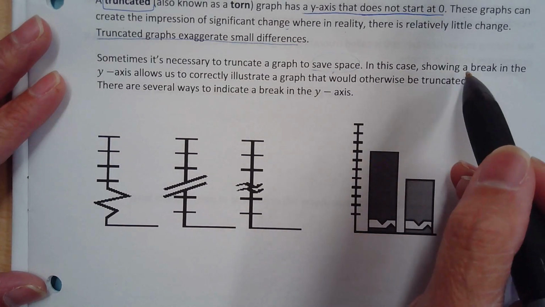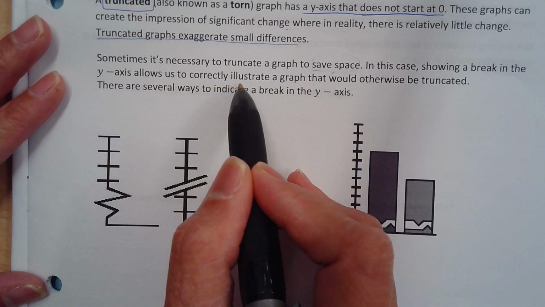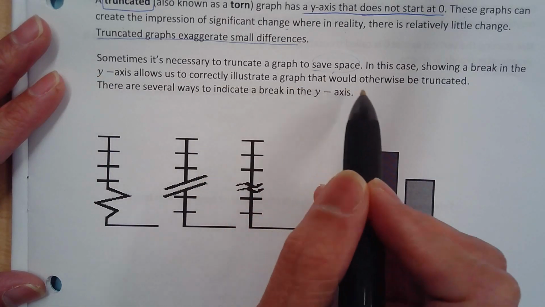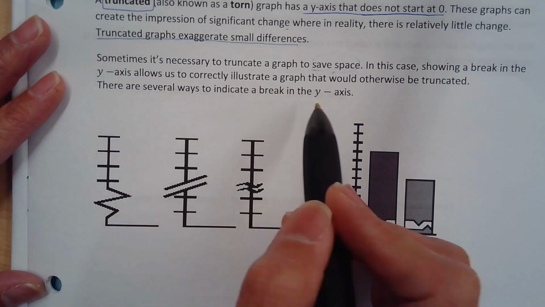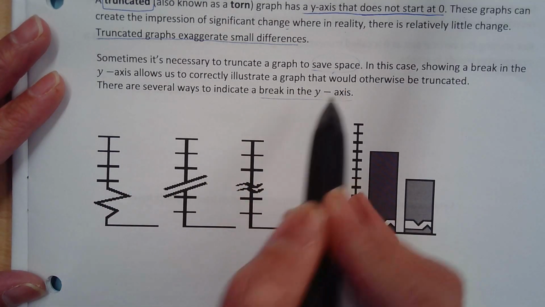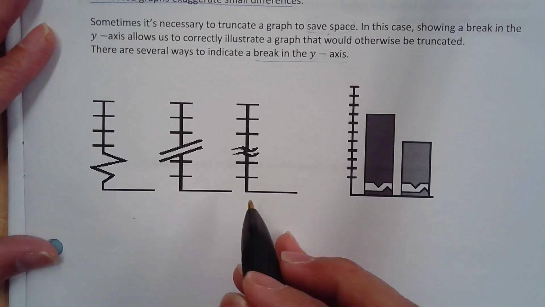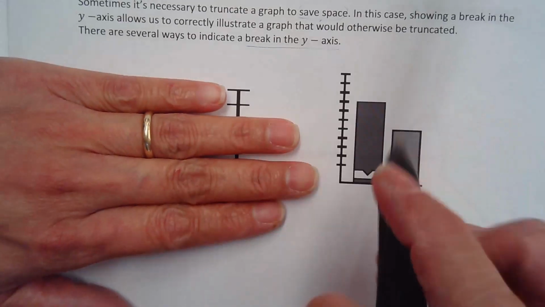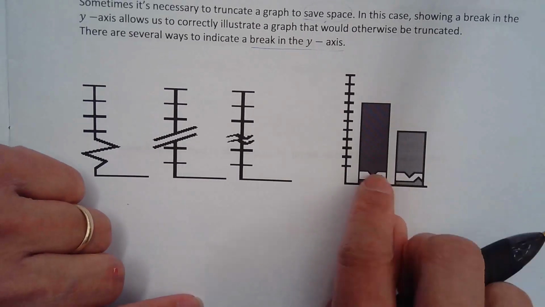But in this case, showing a break on the y-axis allows us to correctly illustrate the graph that would otherwise be truncated. So there are several ways to indicate a break on the y-axis. So this is the break on the y-axis. So I'm going to show you the one without the break first. Oh, sorry, that has a break in the graph.